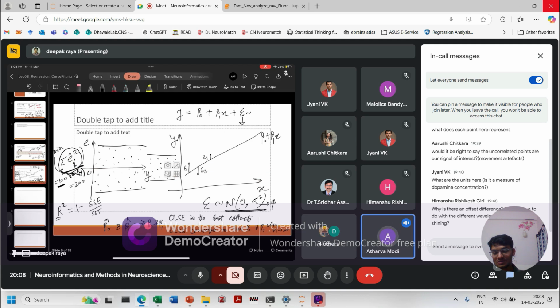So this is how an E plot should look. You can take the sum of E square, but that sum of E square should be scaled with the variance of y to be able to interpret that, right? So not necessarily this particular fit was better than this particular fit.